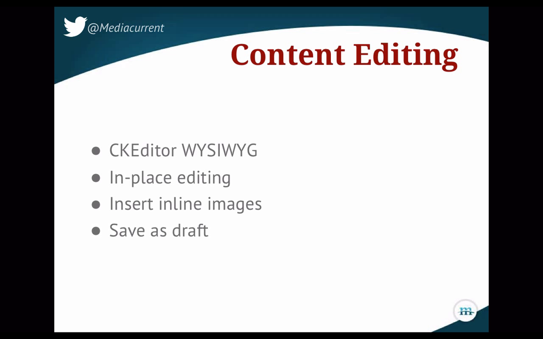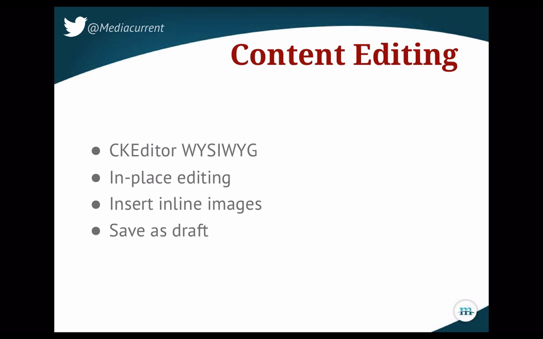Another feature, which is probably my wife's number one complaint about Drupal on her blog, was save as draft. In Drupal 7, and any Drupal version, content is either published or unpublished. If you want to create content, you have two choices. It can be published or unpublished. You can't save it as a draft. Well, you can, but you have to click a box that says unpublished, which makes no sense to someone who's not a Drupalist. It's just not intuitive at all.